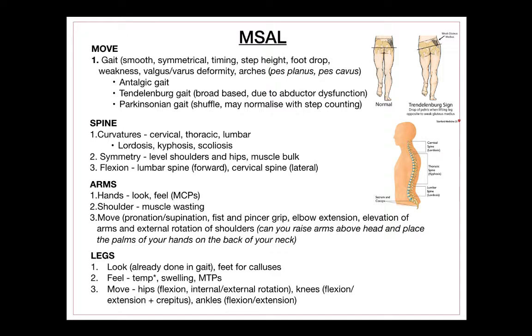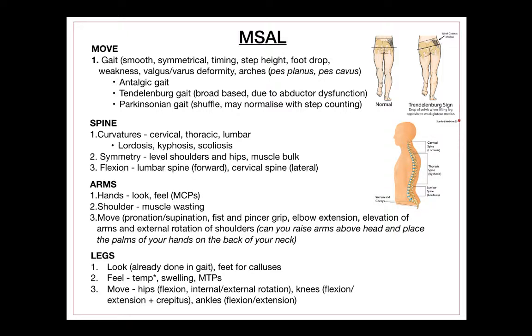And then with your legs, looking, if you do that before you do your gait, at the very start when they come in, just say, I'm just going to have a look at your legs and then walk, then you've already covered that. You can then get them to lie down straight away, and it flows more naturally.